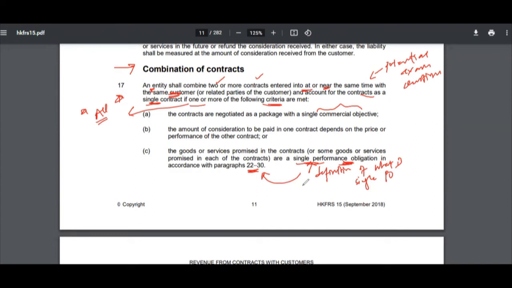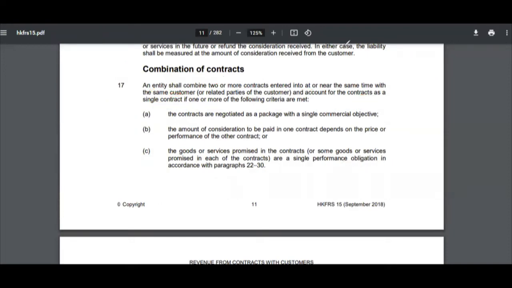I plan to cover this in some of my later videos when we talk about these steps in detail. So if the company meets one or any of these criteria, companies can combine those contracts as one contract.